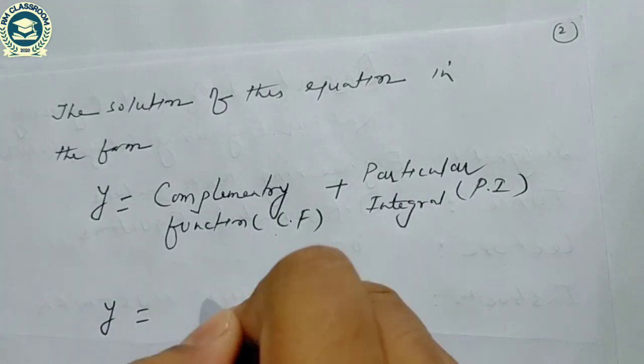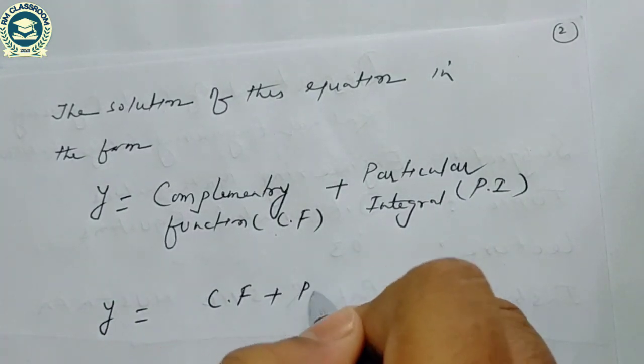So we can write y is equal to CF plus PI.